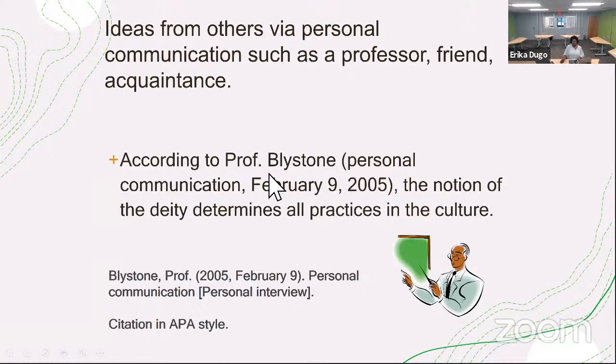So you see the in-text citation, it was a personal communication, and then you put the date that that occurred. And here in the reference citation that you will include at the end of your paper, you have the professor's name followed by the date, personal communication, and then in brackets you put personal interview.